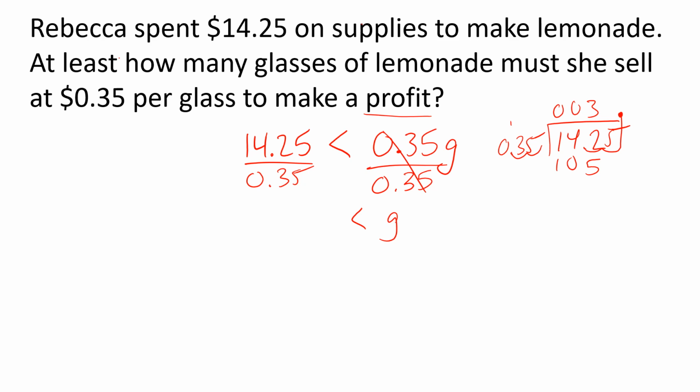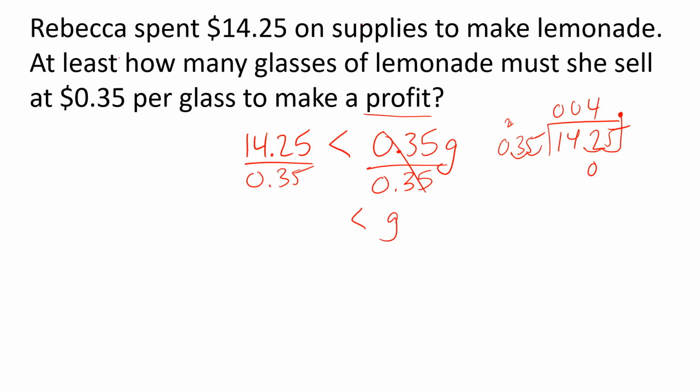I don't think that's going to go. Oh, wait, it does. I think it is 4. 37 is bigger than 35, so I can't have that. That's a no-go. So I guess 4 then.